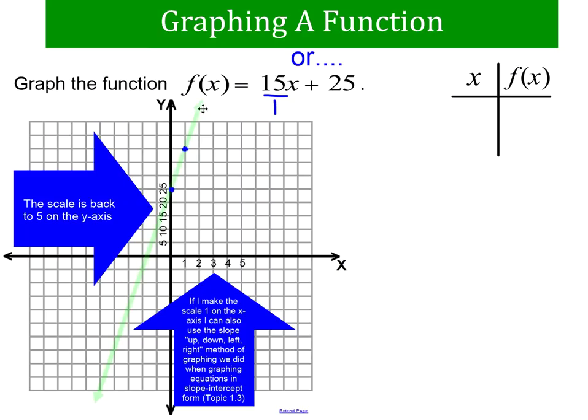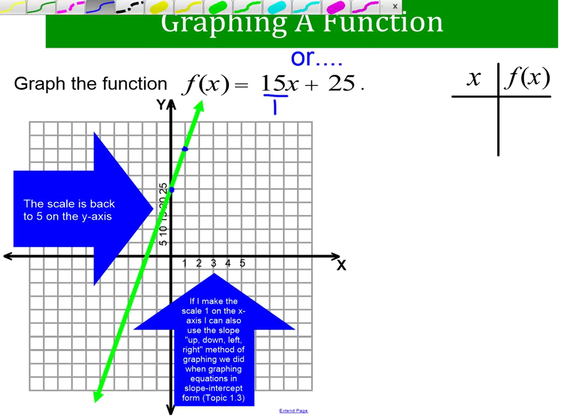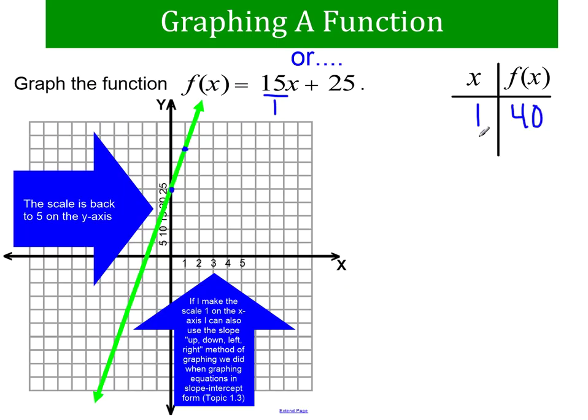Use my ruler, graph and draw the line straight through. So really, the second coordinate point that we found here is 1, 40. So I use the coordinate point 0, 25, and I use the coordinate point 1, 40. And I graphed using the method that we knew.